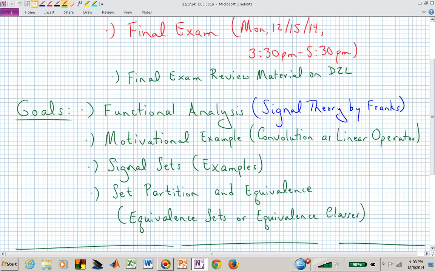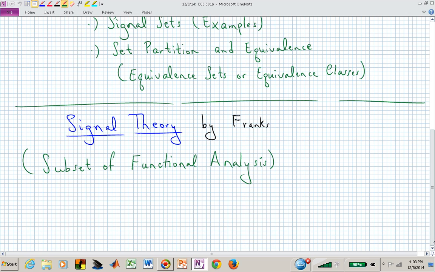Now we need to think about signals, and how do we establish a distance between signals that might belong to the same set. And that's where we are headed for the material in Franks, which is signal theory. And that's really this particular material called signal theory, or that's the title of the book, is a subset of a more general topic, functional analysis.